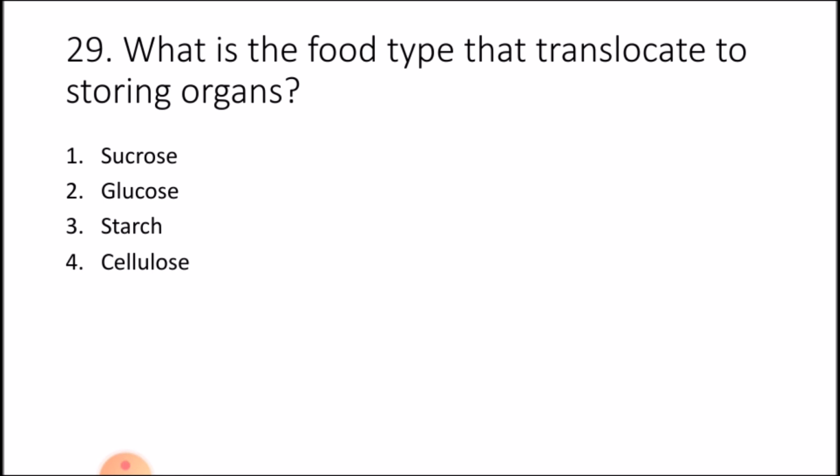Then they translocate it via phloem tissues into the storage organs, and in this way they transport it as sucrose, and once in the storage organ, they convert it to starch. Therefore sucrose is the answer for this question.